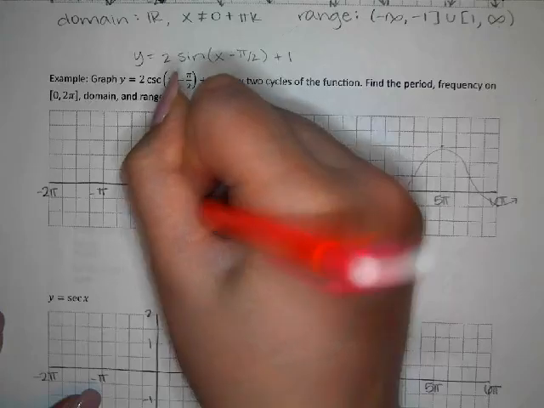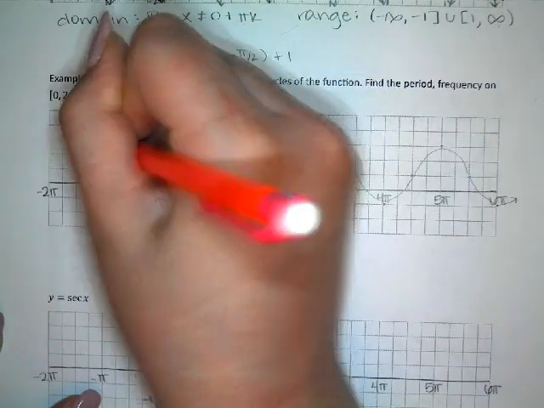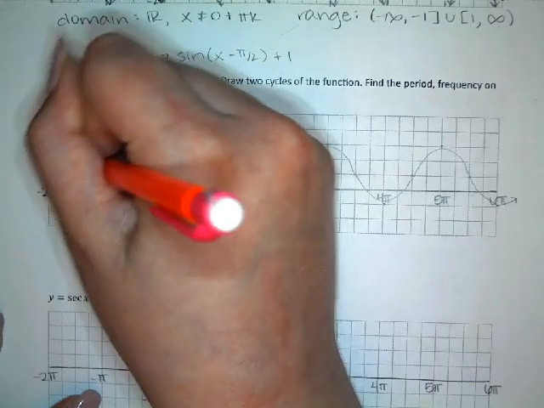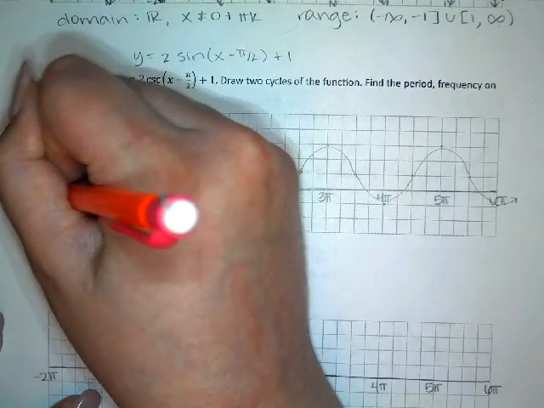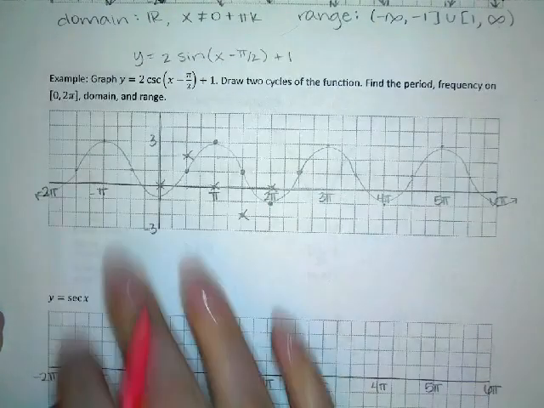Okay, so here is my sine curve. Now I'm going to go through, and the places where the x-intercepts were, right here, this is where my vertical asymptotes go.